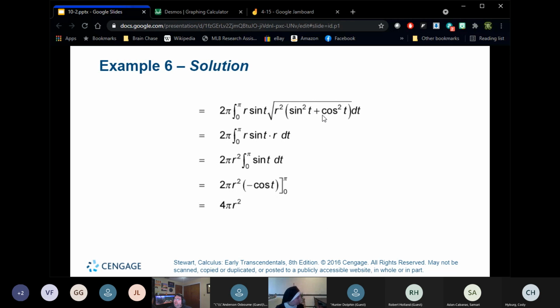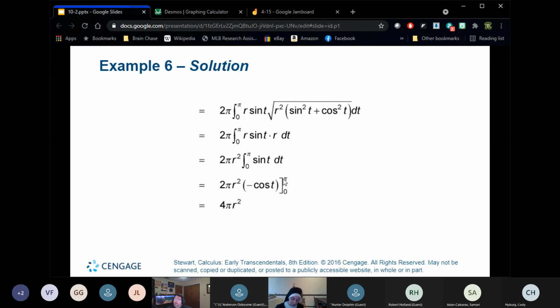The sine squared t plus cosine squared t is just 1. So in essence, it's r sine t times r. The r's can come out because that's just a constant. So now in front I have 2 pi r squared. And all that's left inside is sine t, of which I take the integral, and it's negative cosine t.